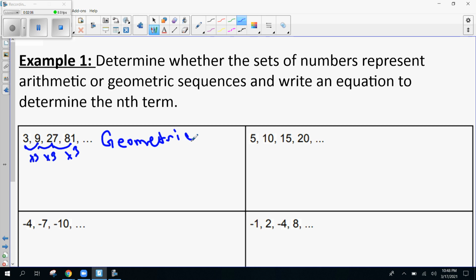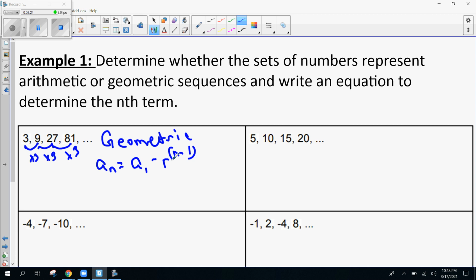and the formula we use is a sub n equals a sub 1 times the ratio to the n minus 1 power.